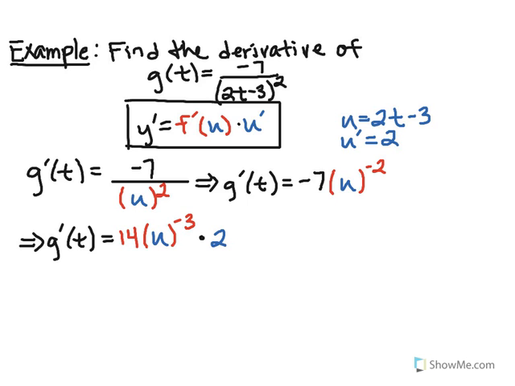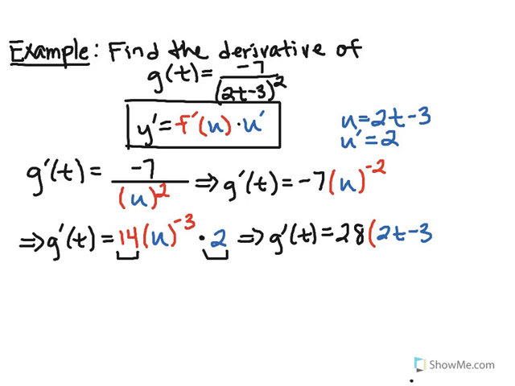Now, let's go ahead and simplify this if we can. g prime of t is equal to, well, let's multiply this 14 by this 2, which is 28. I'm going to open up my parenthesis, and write what my original u was, which is 2t minus 3.